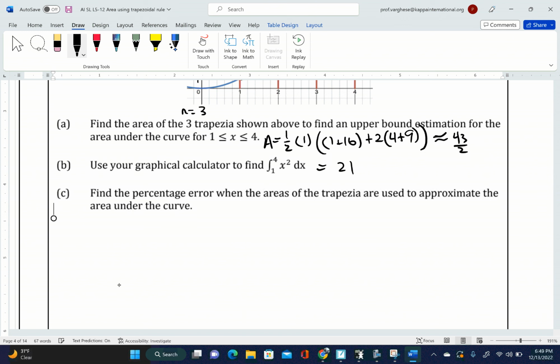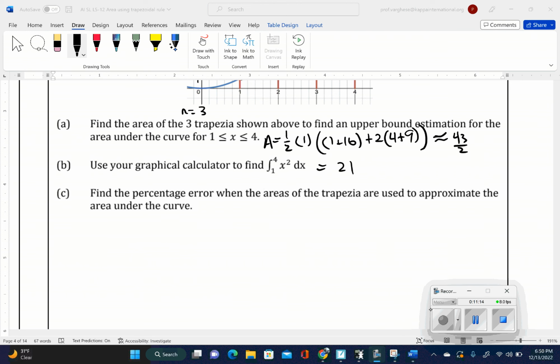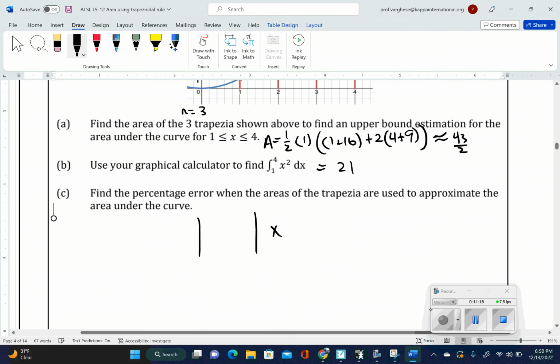So now I'm going to use my percentage error again. For my percentage error, absolute value times 100. So I'm putting a fraction bar here. I'm putting the number that I got right here, which is 43 over 2. You could also put 21.5 minus 21 all over the exact, which is 21.